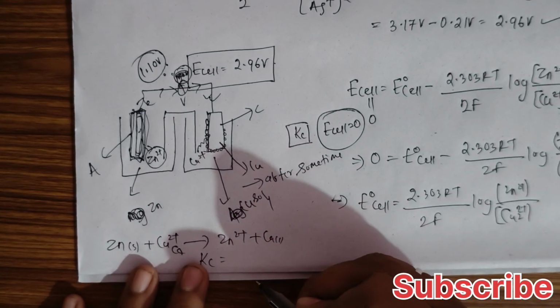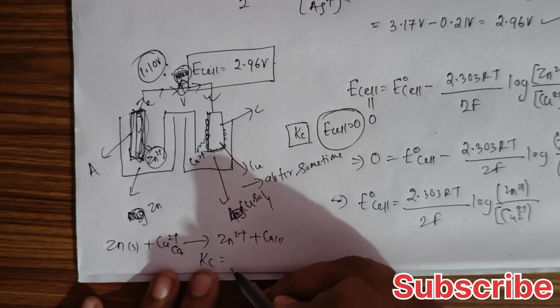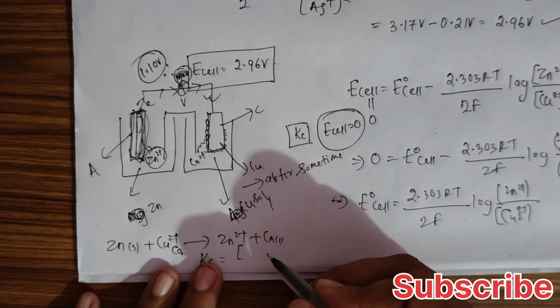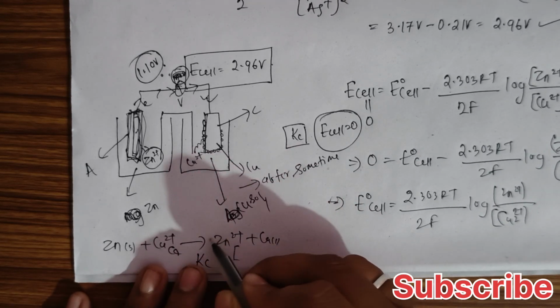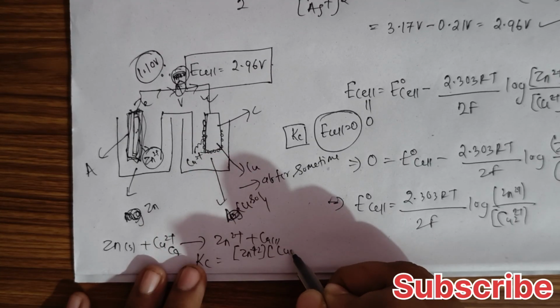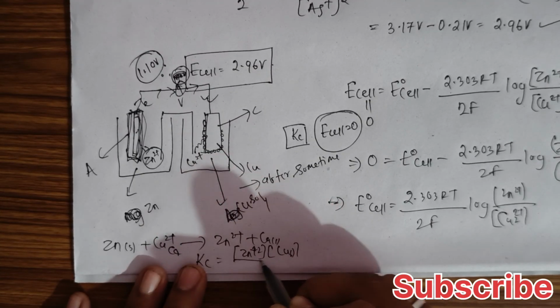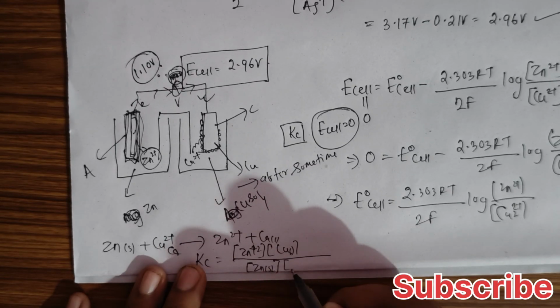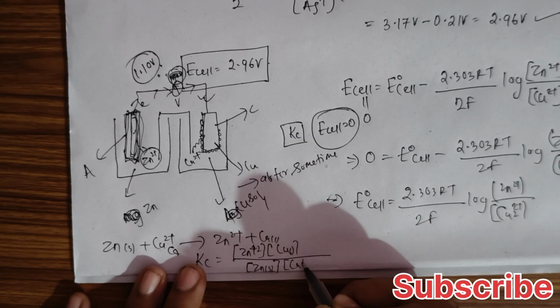According to the law of chemical equilibrium, Kc equals the molar concentration of products, Zn2+ and Cu solid, divided by that of reactants, Zn solid and Cu2+.